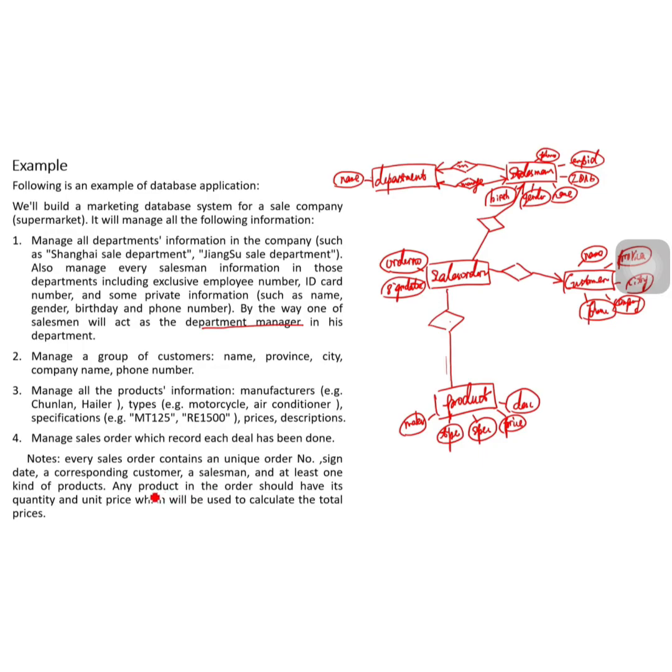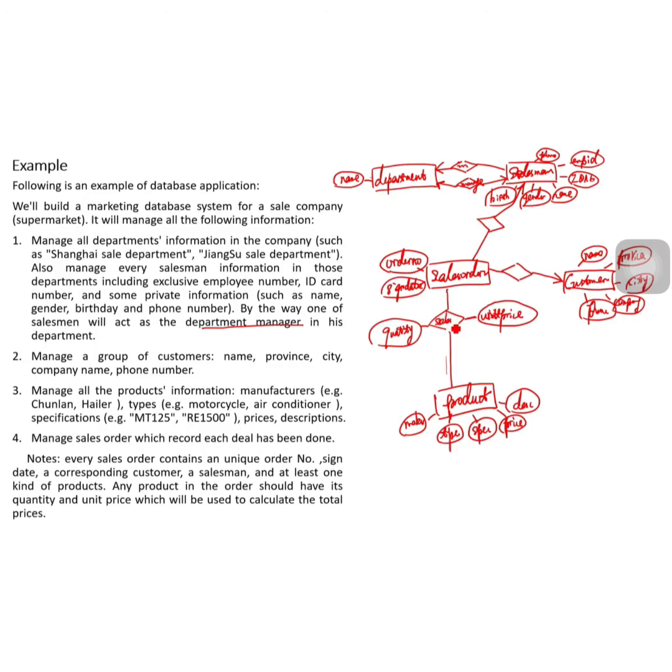And any product in the order should have its quantity. Quantity is the attribute of this relationship, because this is the quantity of the product in this sales order. And unit price is also an attribute of this many relationship.